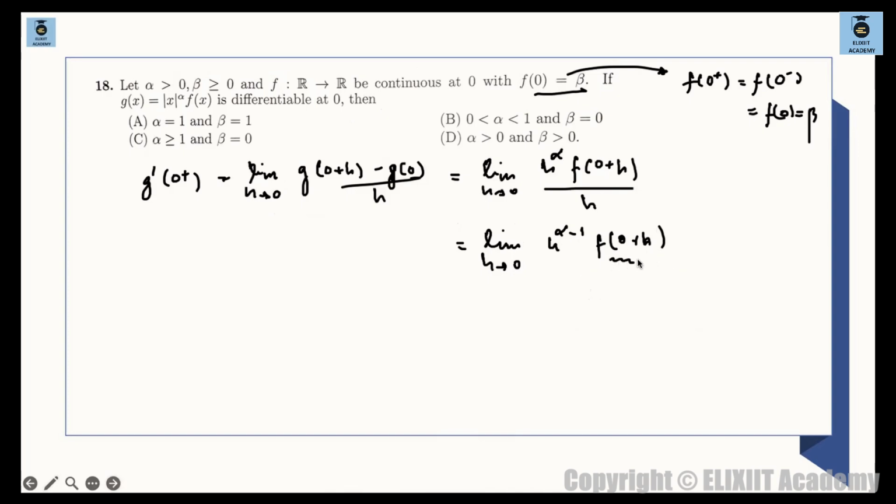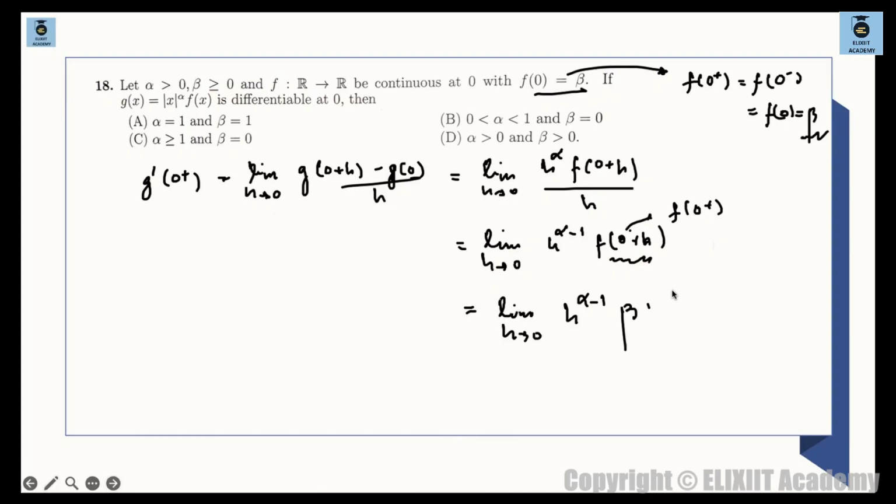Now f of 0 plus h means f of 0 plus, and this is beta only because f is continuous. Whether you say f of 0 plus h or f of 0 plus, slightly more than 0, it is beta only. So this part is beta only. So once you distribute the limits, this part will be beta, and we get h to the power of alpha minus 1 into beta.